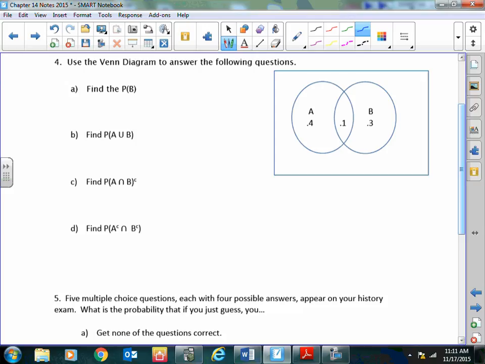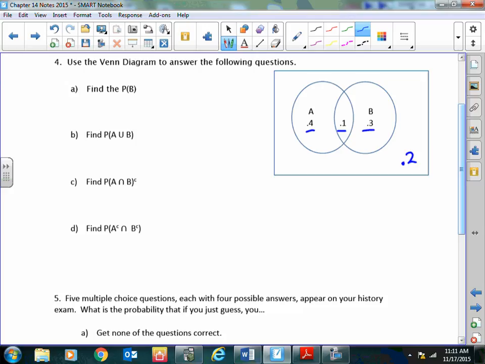And then we've got the B by itself as the 0.3. What would that mean is left over here on the outside of the circles? Yes, because we got in the circles 0.8. So outside the circles would be my 0.2.